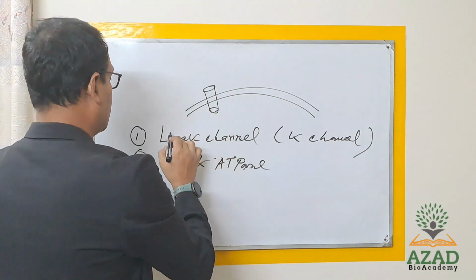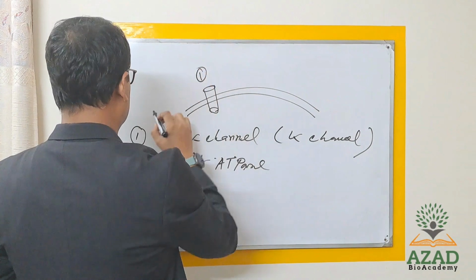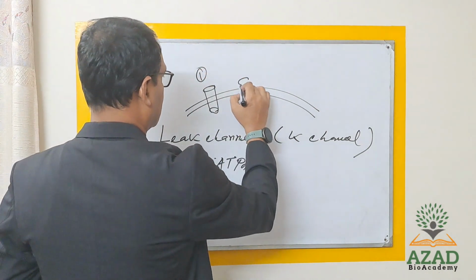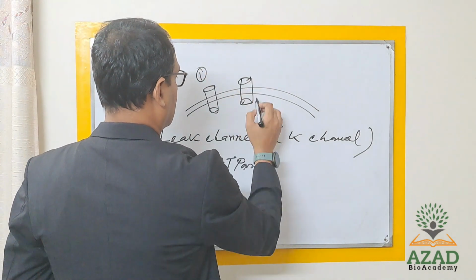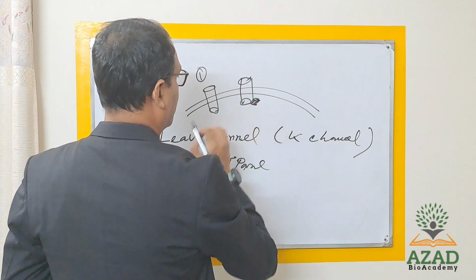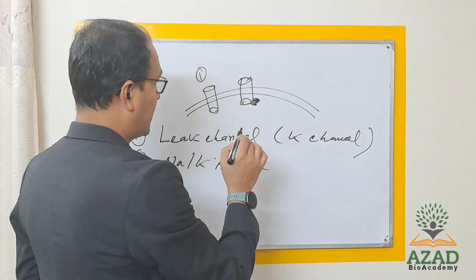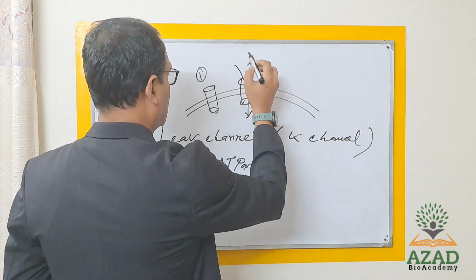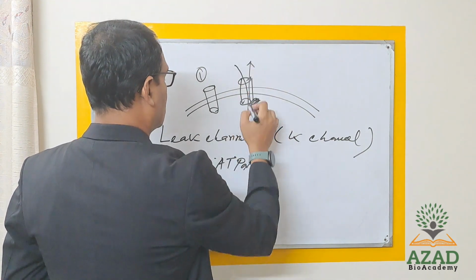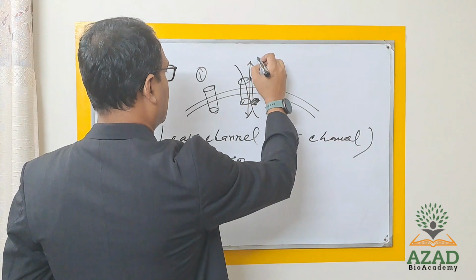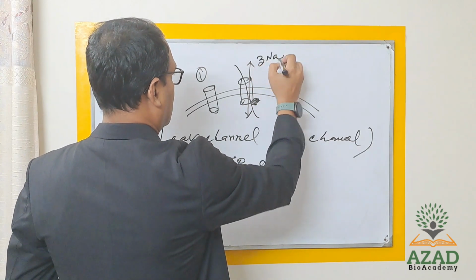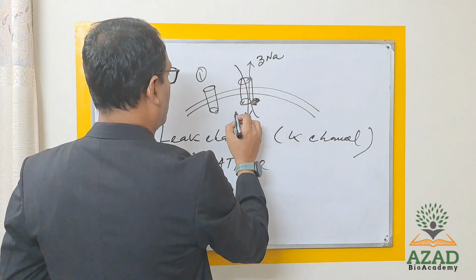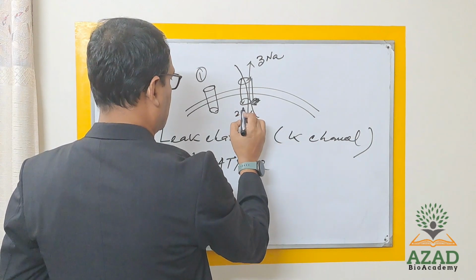If I think this is number 1, the leak channel, and this is the ATPase, this is the channel through which 3 sodium will exit and 2 potassium will enter.